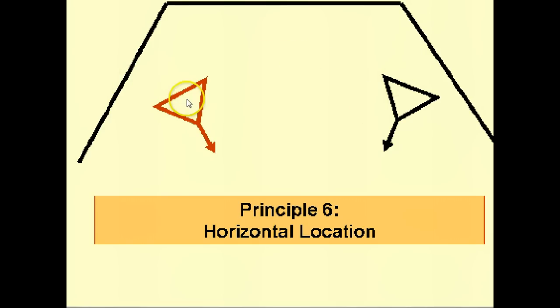Now, if this actor had crossed to the center of the stage, he or she would be in an even stronger position. So center stage is the strongest position, stage right is the next strongest, and this tends to be the weakest. In fact, upstage here is about the weakest place on the entire stage.